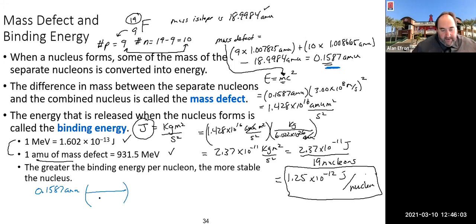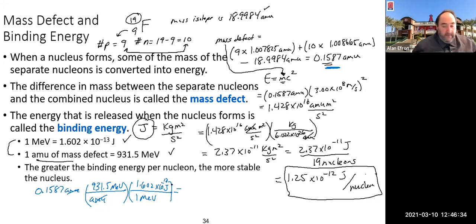One AMU is 931.5 mega electron volts. The AMU will cancel. 1 mega electron volt is 1.602 times 10 to the minus 13 joules. And if you do all those numbers together, you will actually end up with hopefully the same number there.